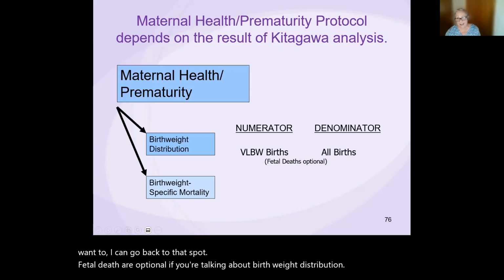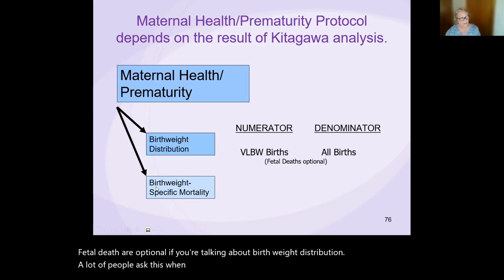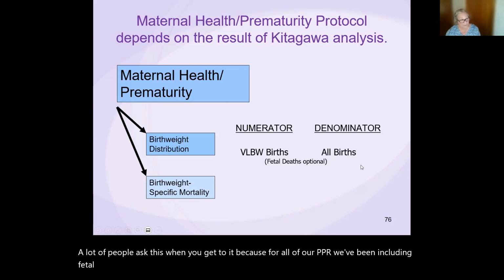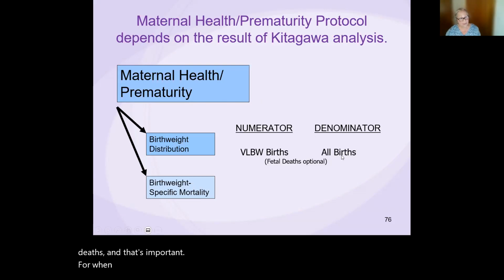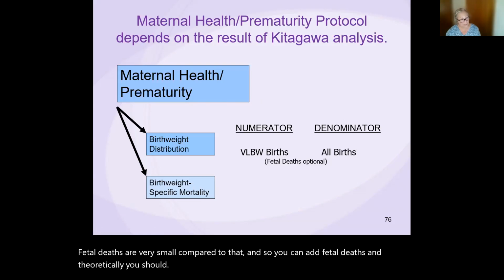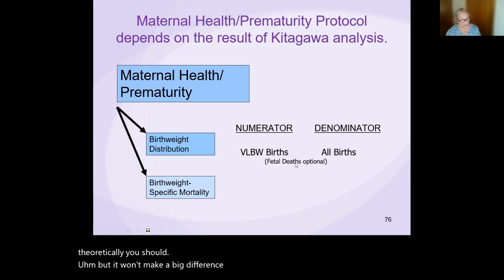A lot of people ask this when you get to it, because for all of our PPOR, we've been including fetal deaths, and that's important. When your denominator is all births, fetal deaths are very small compared to that. And so you can add fetal deaths, and theoretically you should, but it won't make a big difference because there are not as many of them.